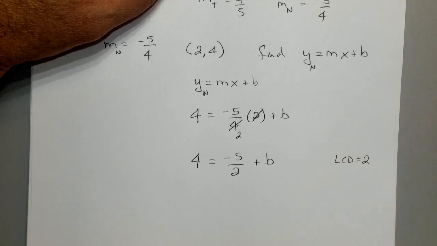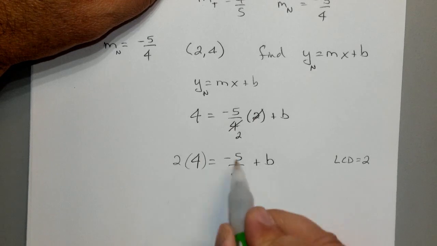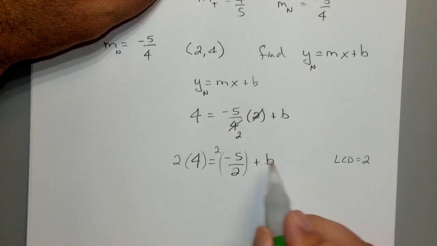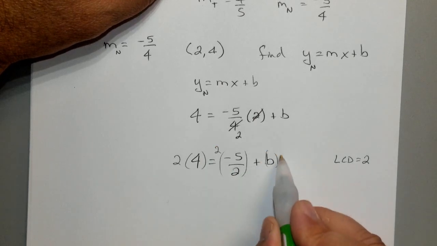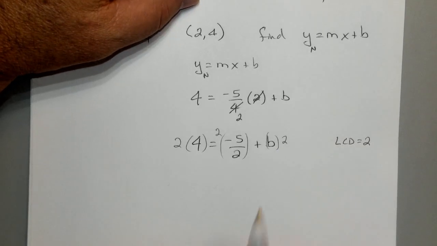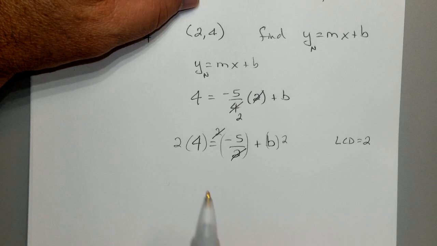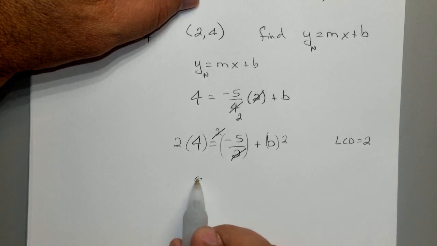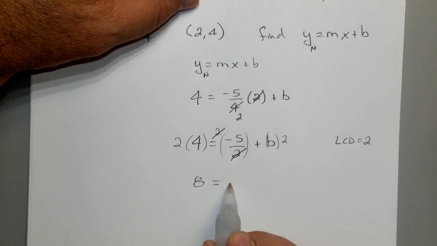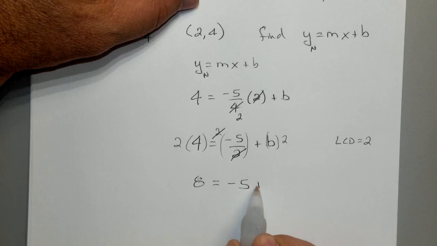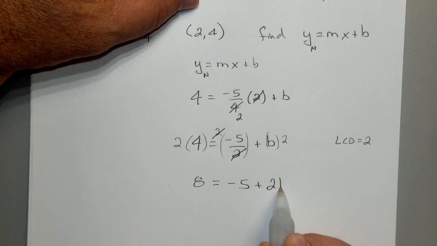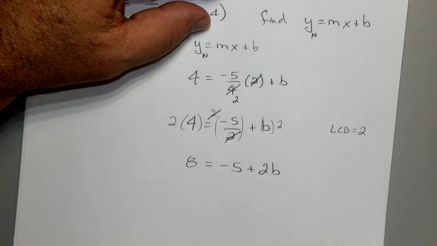The LCD is 2, so I multiply everybody by 2. Those cancel. 2 times 4 is 8. 5 times 2b.